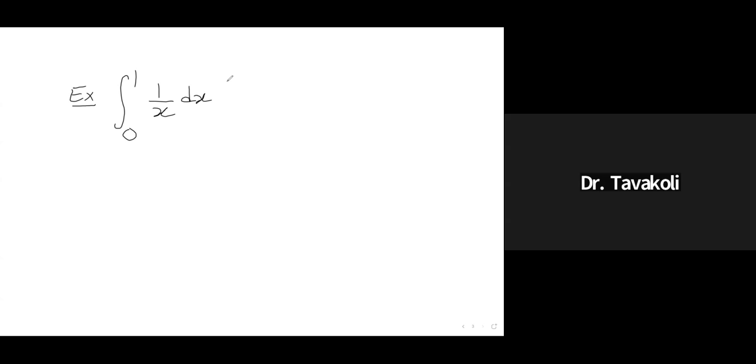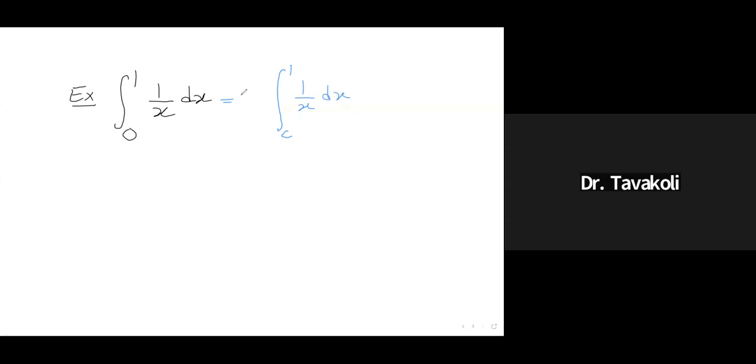So that's why to find this, I need to replace the number where there was the problem, which is 0, with c, a letter c. So the integral from c to 1 of 1 over x dx.